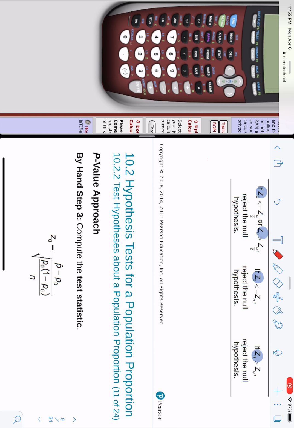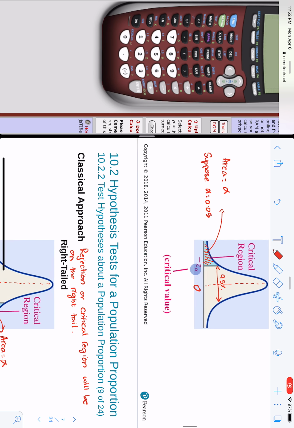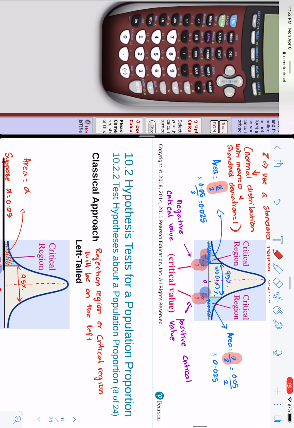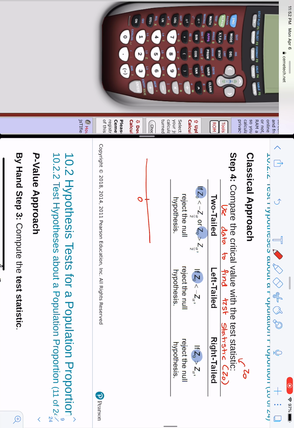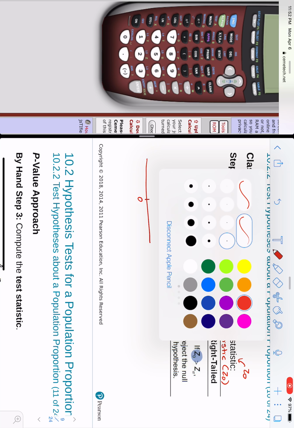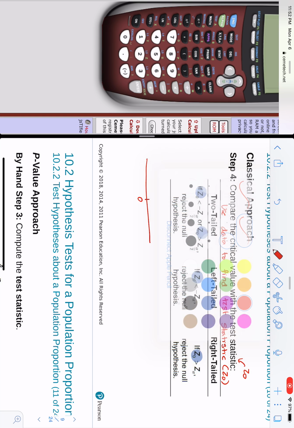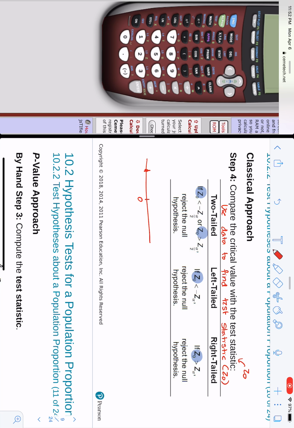So how do we go about doing this? So 0 is right in the middle, and we are going to find two numbers. If you look on the real number line for a two-tailed test, we have negative Z sub alpha over 2 and positive Z sub alpha over 2. So let's go ahead and draw those two, or place those 2 points.